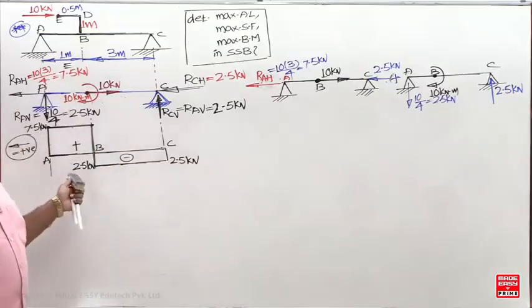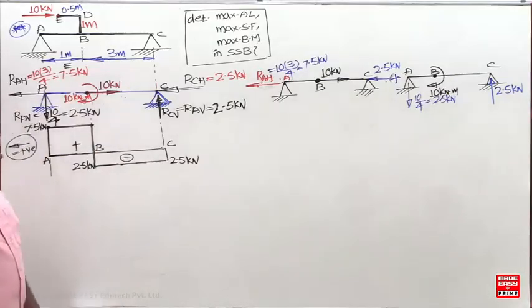So the maximum tensile load is 7.5. The maximum compressive load is 2.5.